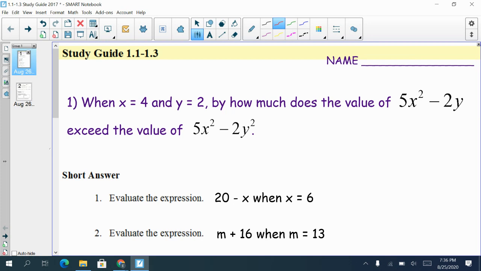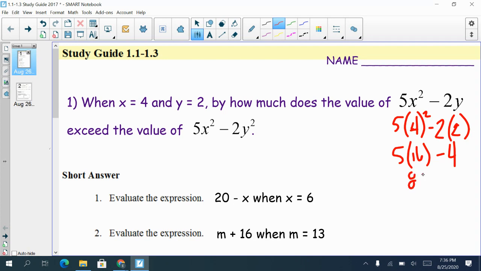So if I plug in 5 times 4 squared minus 2 times 2, I get 5 times 16 minus 4, or 80 minus 4, which is 76.